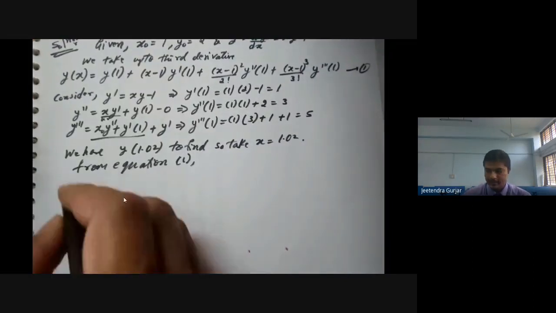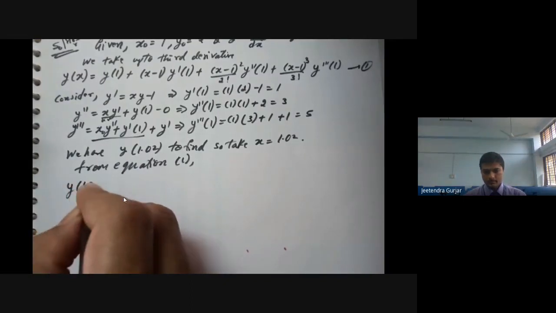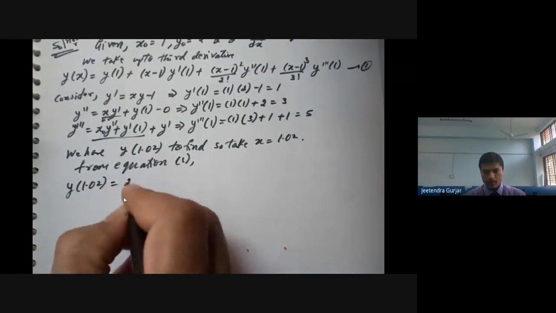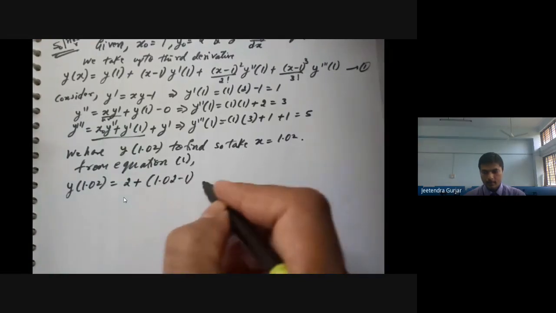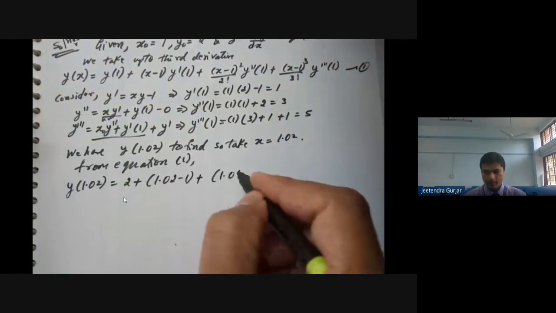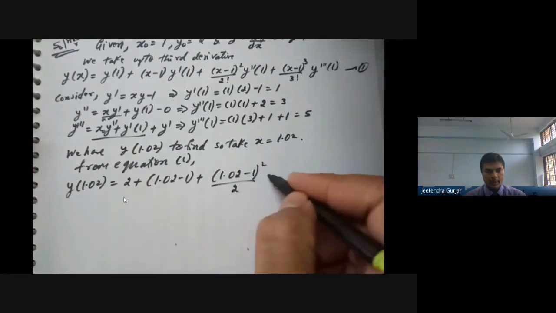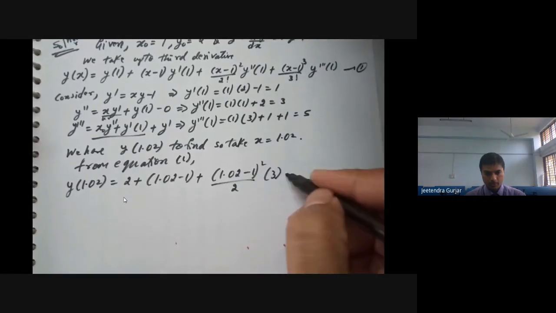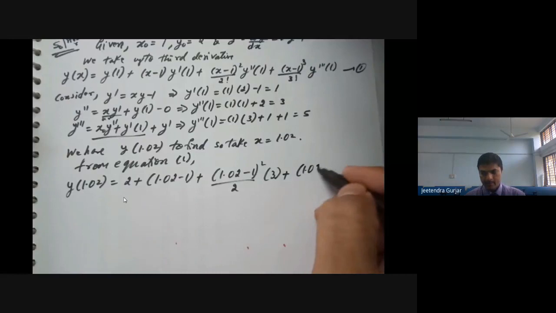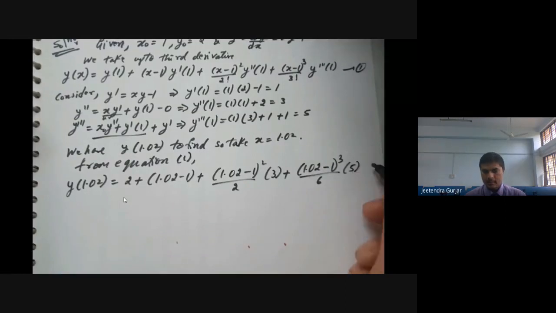Very good, excellent. Okay. So y of 1.02 is equal to, you can see y of 1 is the value 2. So I'll just substitute 2 plus bracket 1.02 minus 1, plus 1.02 minus 1 square upon 2 factorial into 3, plus 1.02 minus 1 cube upon 3 factorial, which is 6, into 5.